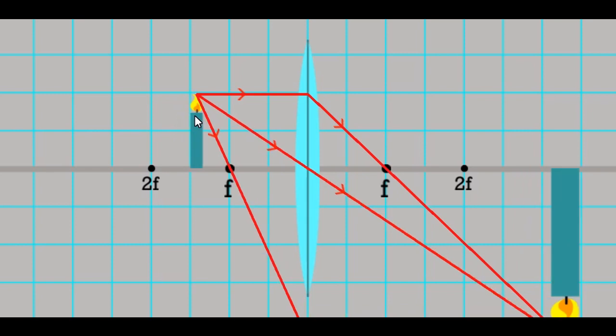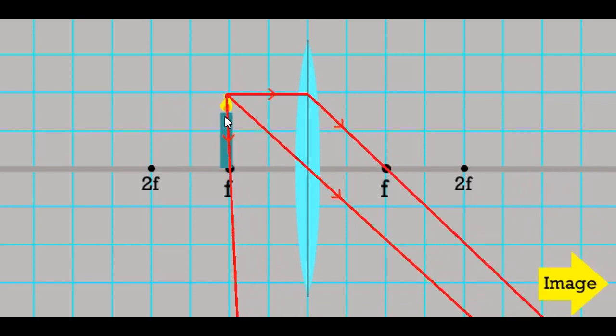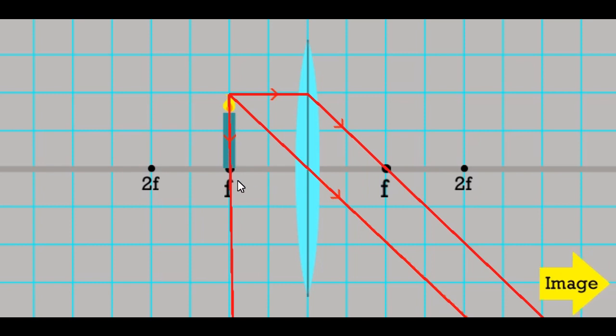Let's keep this object at f, which means I have kept the object at focus. As you can see, the refracted rays are parallel to each other, which means they will meet at an infinite distance.